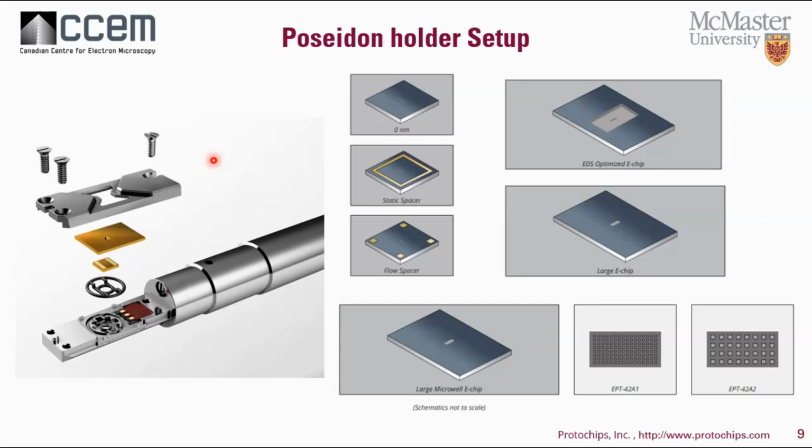Each experiment requires a set of e-chips. The sample is assembled between a large and a small chip. There is a large variety of designs, and the user can mix and match e-chips to control the liquid thickness, flow parameters, heating, or electrochemistry.